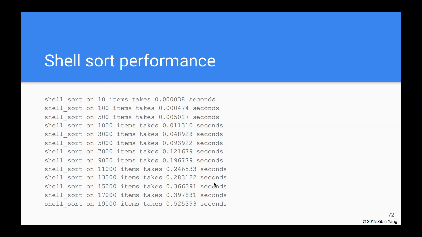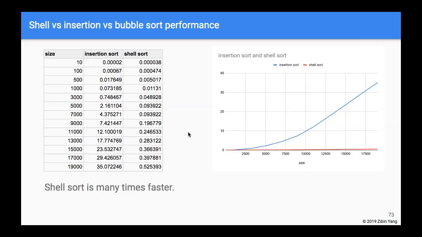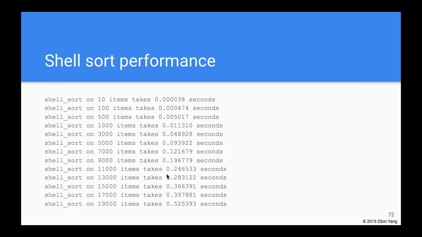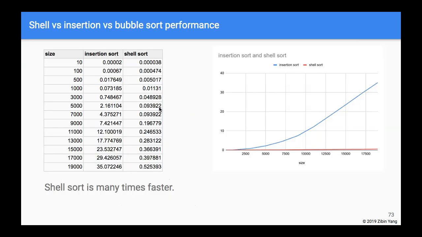Now, the interesting thing is to look at how it performs and compare it to insertion sort. These are the performance numbers here, and when we put it on the same chart as insertion sort, you can see, if you look at the largest one, shell sort is many times faster, about 70 times faster.